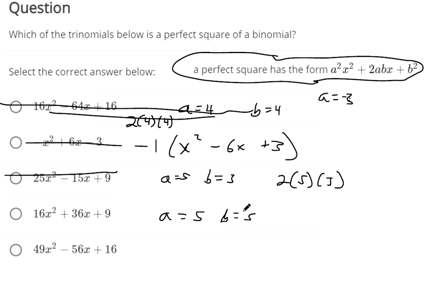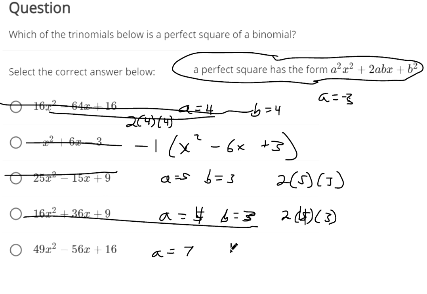B would have to be 3. And so if we plug that into the formula, it's 2 times A times B. That would make 30, so that's not going to make what we're looking for here. Oh, sorry, A would be 4. Whoops. A would be 4, B would be 3. 2 times 4 makes 8, 8 times 3 makes 24, so that's not going to work out. This one's out. It's got to be this last one.